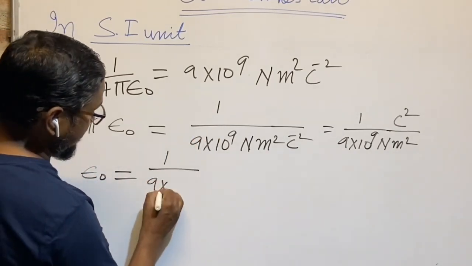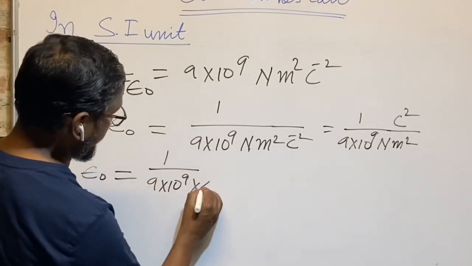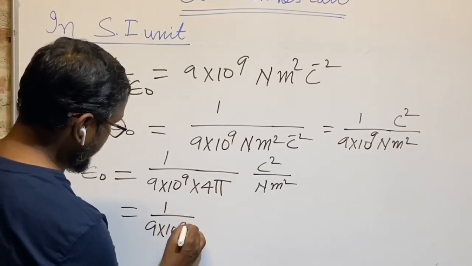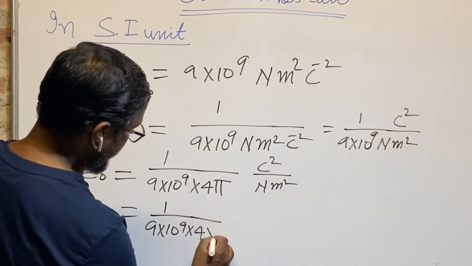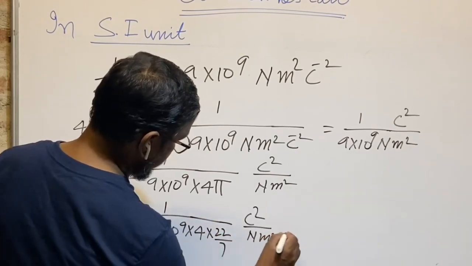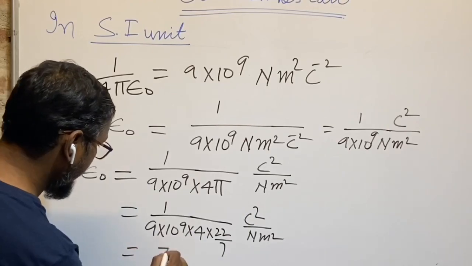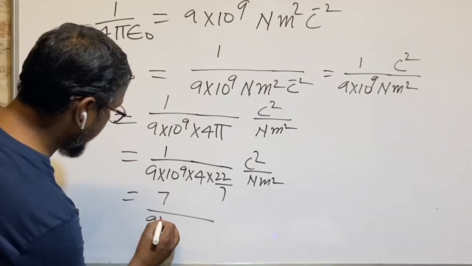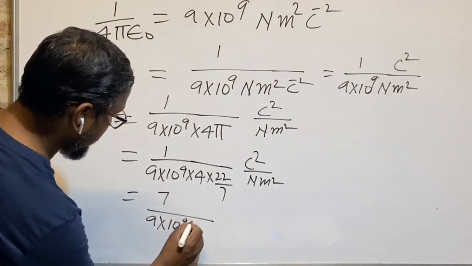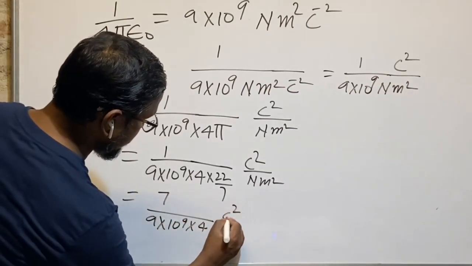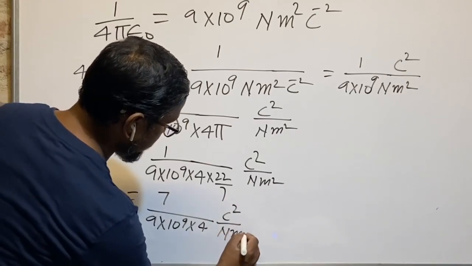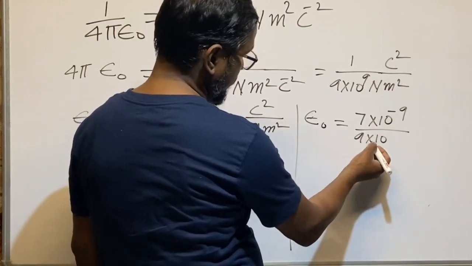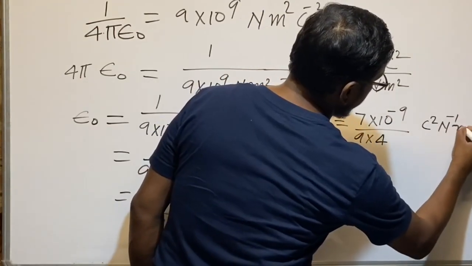Epsilon naught is equal to 1 by 9 into 10 to the power 9 into 4 pi, where pi is 22 by 7, so 7 will be in the numerator. Epsilon naught is equal to 7 into 10 to the power minus 9 upon 9 into 4 into 22 Coulomb square per Newton meter square.